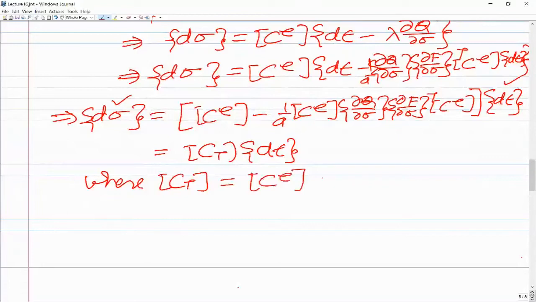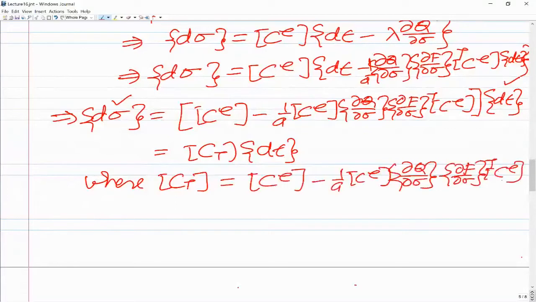So the constitutive matrix is Ce minus 1 upon A into Ce into del q by del sigma into del f by del sigma transpose into Ce. So this is your Ct, the tangent constitutive matrix.